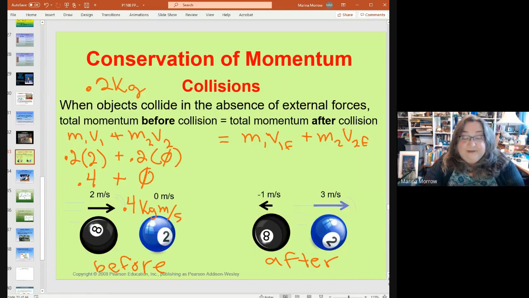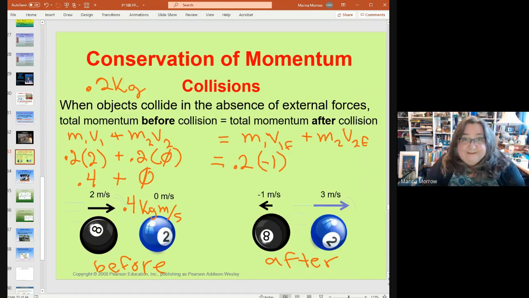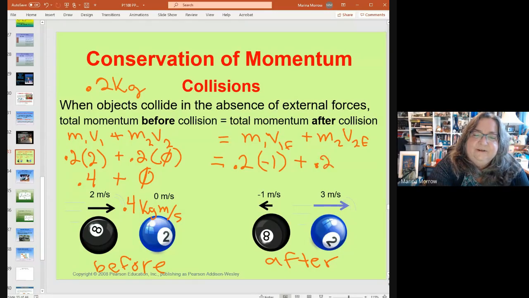Okay, so we've got the momentum on one side. Let's look at the other side. All right, now the mass is the same, 0.2, and the final velocity of this one is -1. Remember what minus means in physics? Other direction. So the ball has bounced backwards. And then we've got 0.2 times 3.